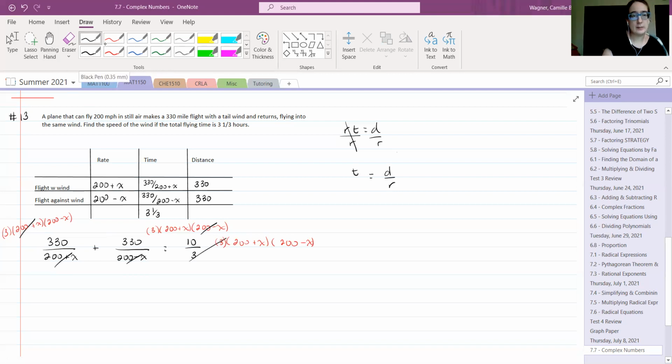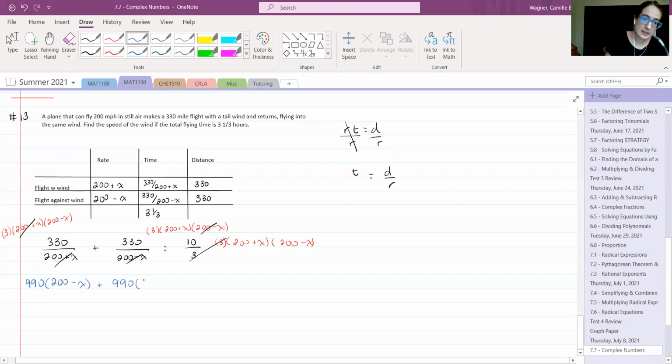So we just have to basically multiply in what we have left. So 3 times 330 is going to be 990 times 200 minus x plus 990 times 200 plus x is equal to 10 times 200 plus x times 200 minus x.